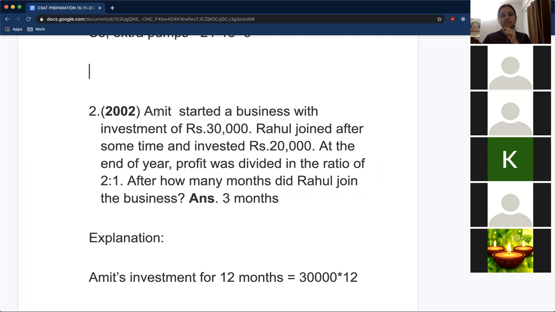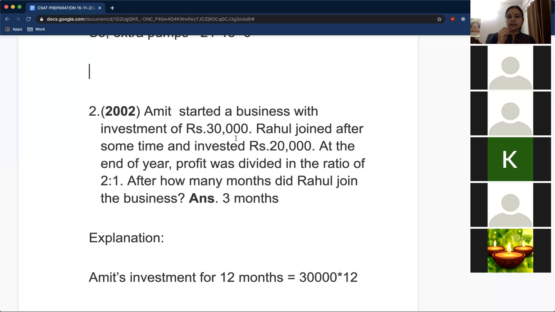Every month, investment every month. Amit started a business with an investment of 30,000 rupees, meaning every month he is investing 30,000 rupees. Rahul joined after some time. You do not know how many months later he joined and invested 20,000 rupees. At the end of the year, profit was divided in the ratio 2:1.